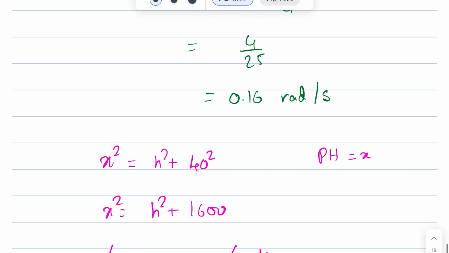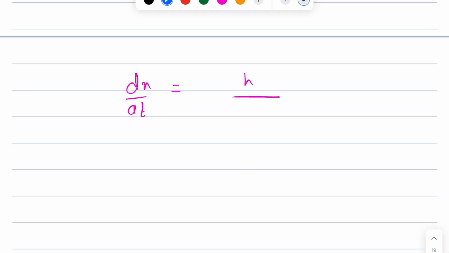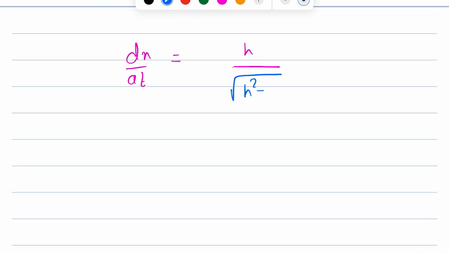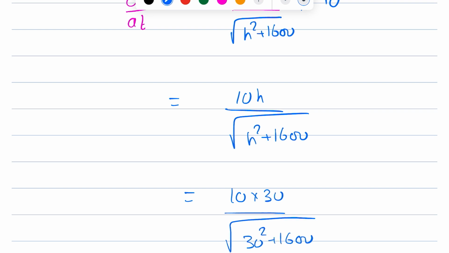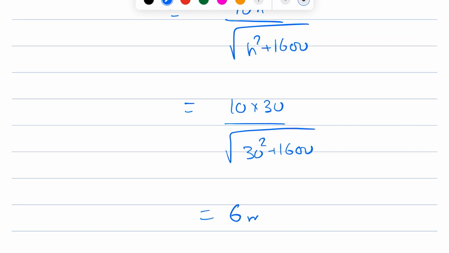We can get it from over here: x is the square root of h square plus 1600. dh upon dt was 10, so it becomes 10h upon the square root of h square plus 1600. Now h is 30, so plug in 30 over here: the square root of 30 square plus 1600. Which is nothing but 6 meters per second. That's going to be the answer.